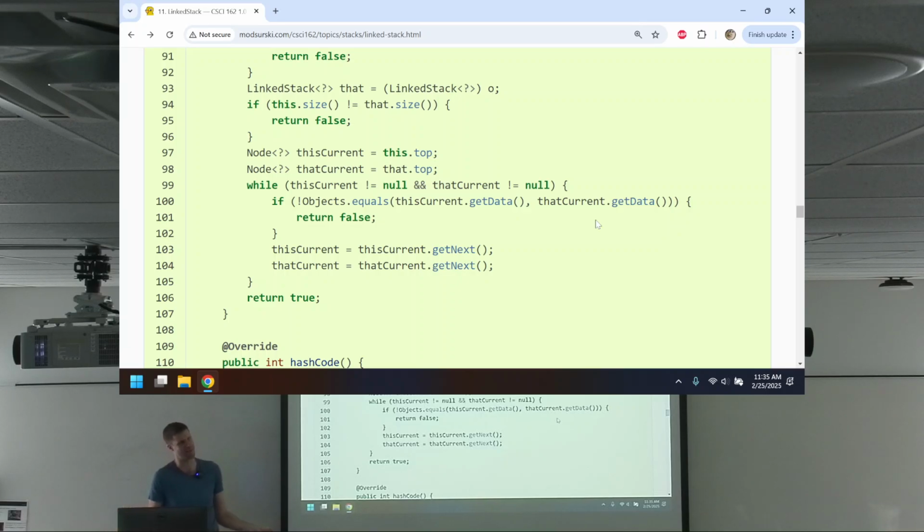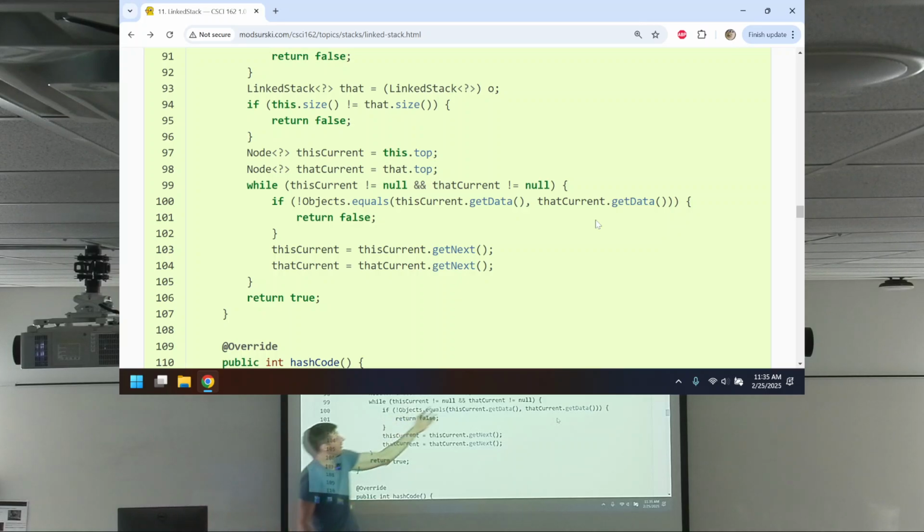If I know they're the same size, it's not possible to have one exist and one not exist, because if stacks have size x, they must both have x nodes. So it's impossible for them to not exist or exist at different times. But again, it's that intentionality, the meaning of the code.